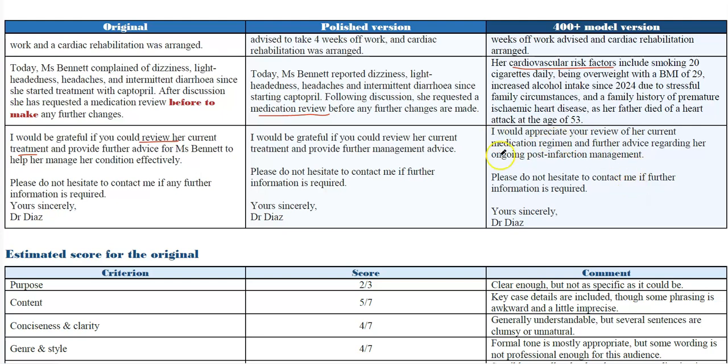A better one: review of her current medication regimen, and further advice regarding her ongoing post-infarction management. So you see, you've got the treatment, current treatment, but more specific, which is the heart of this letter, a current medication regimen. Yeah. So can you see the difference?